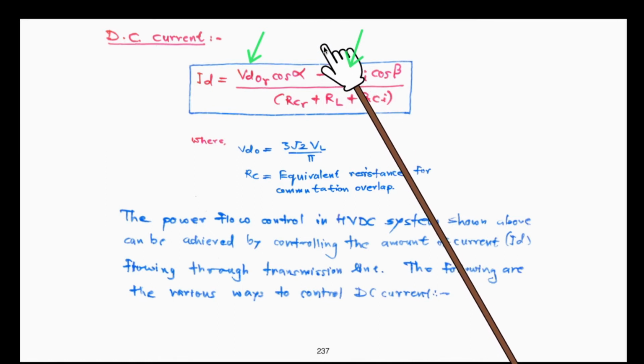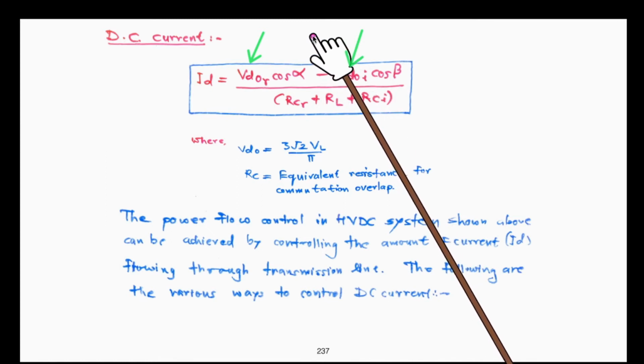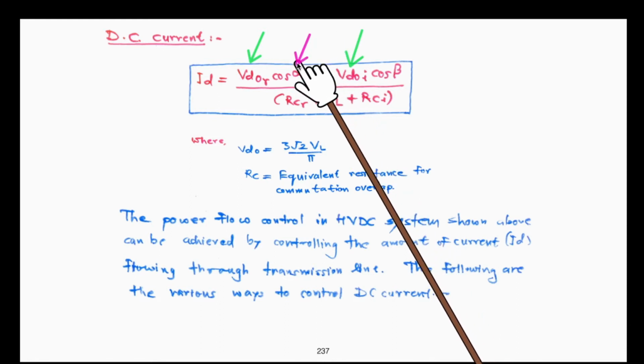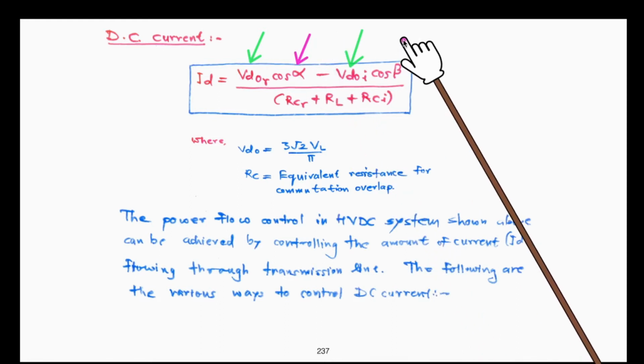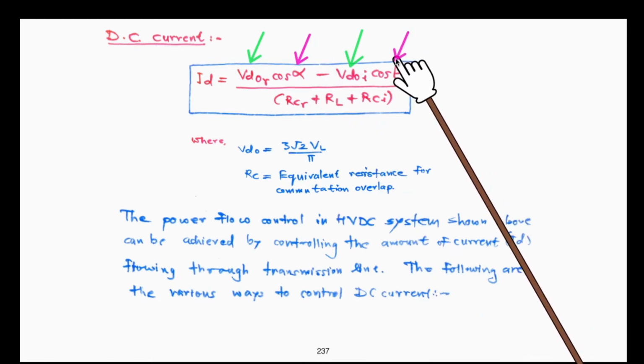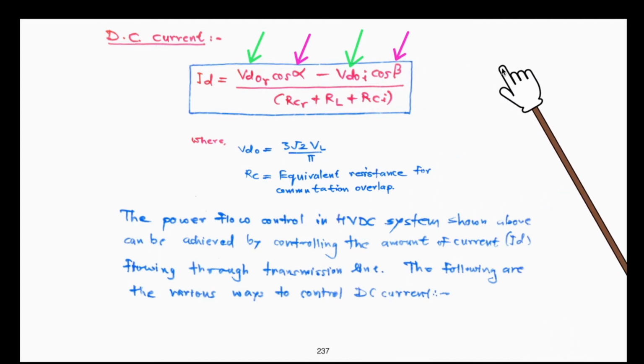But let us observe the other two methods, that is the firing angle control method, which I am marking by the pink colored arrows, and the advance angle.